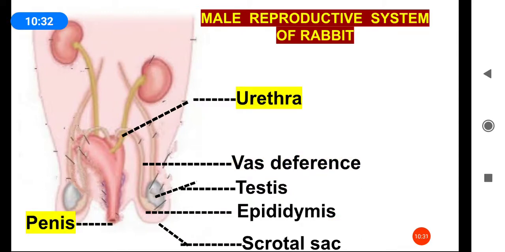The vas deferens joins the urethra just below the urinary bladder. The urethra runs backward and passes into the penis.